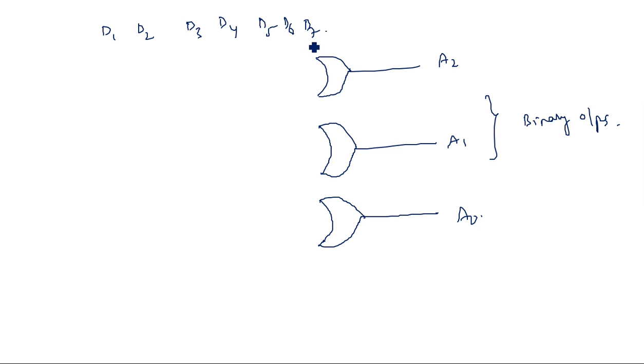D7 is 111, so it has all the connections. Similarly D6 is 110, so A2 is 1 and A1 is 1. And D5, 5 means 101.